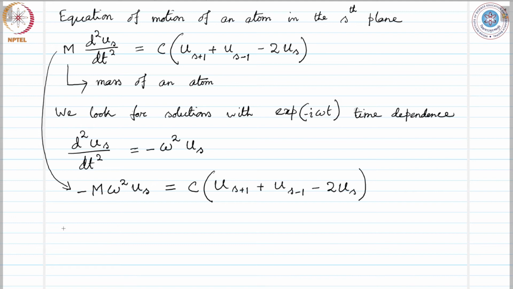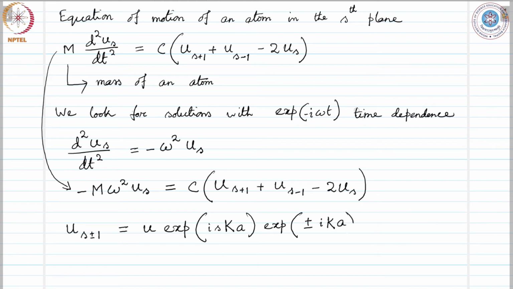What kind of a travelling wave solution? The travelling wave solution would be of the form us plus minus 1 equals u times exponential of i s K a times exponential of plus minus i K a.